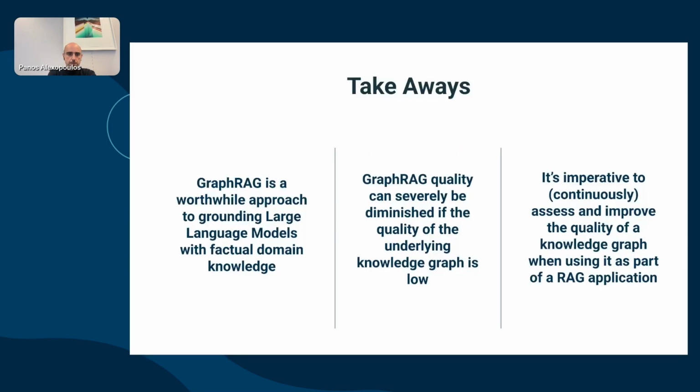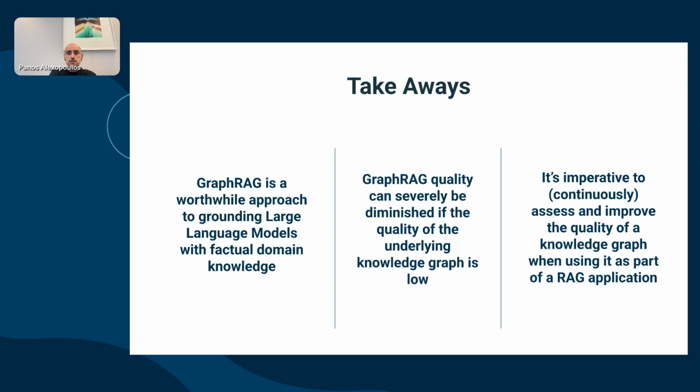So let's wrap up. I think the takeaways from this, what I would like you to keep from this talk, is that GraphRAG is indeed a worthwhile approach to grounding large language models with factual domain knowledge. There's no doubt about that, at least in my experience. But GraphRAG quality can severely be diminished if the quality of the underlying knowledge graph is low. And we saw at least 6 ways that the quality of the underlying knowledge graph can be compromised.